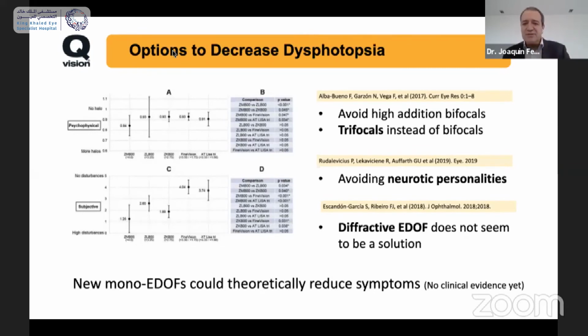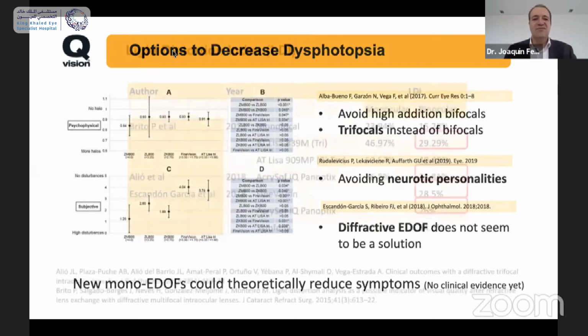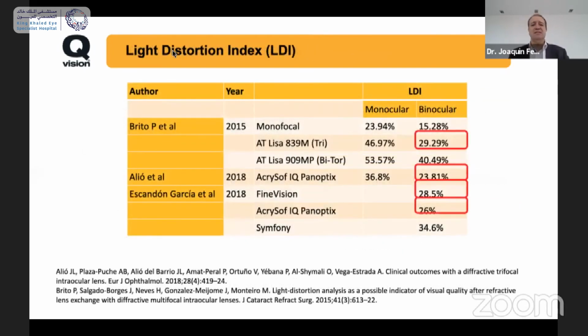But this paper by Escandón García is very interesting: be careful with lenses based on a diffractive platform, because they do not seem to be a solution, since the rings are going to give us symptoms of dysphotopsia. Right now, we don't have enough evidence to know if the new mono EDOF lenses reduce the symptoms of dysphotopsia or not. It could be, theoretically, but we don't have any evidence.